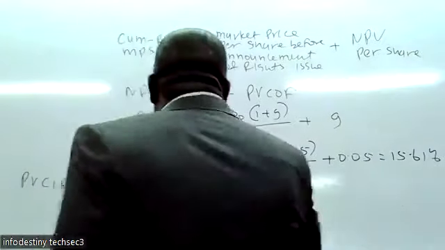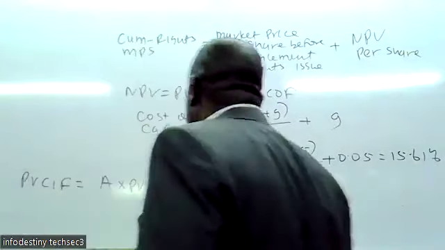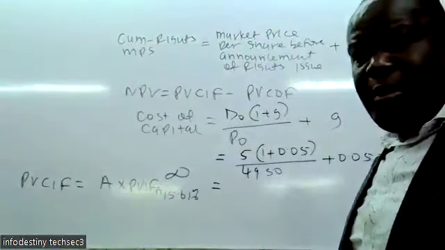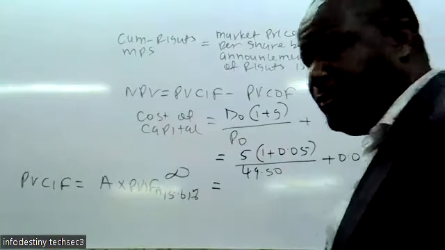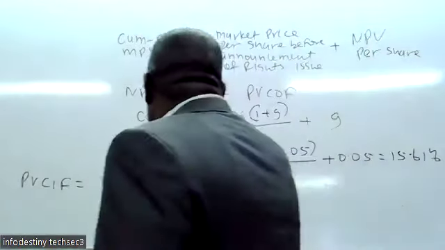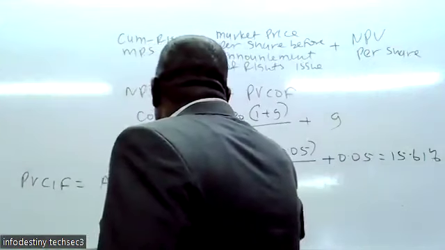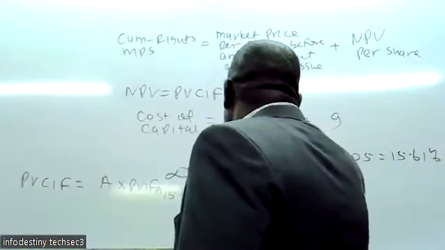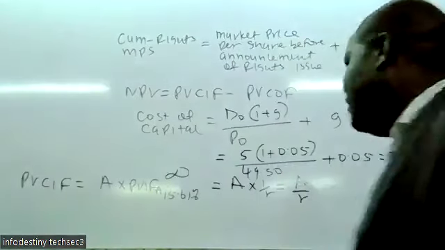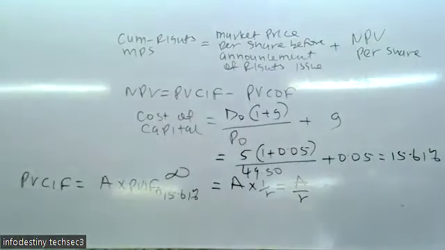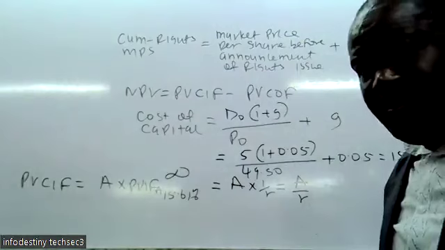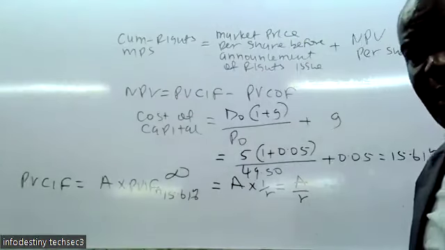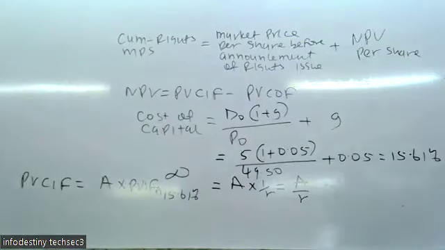So up to infinity, it is not in the table. We say that you take the annuity multiplied by 1 over R, which is the same as the annuity divided by R. If you remember, when we are dealing with the concept of the time value of money, anything up to infinity is not in the table.